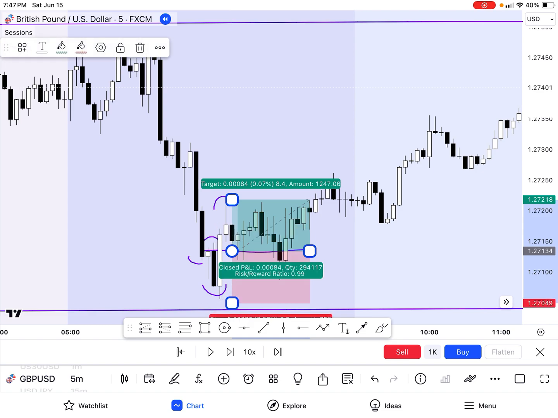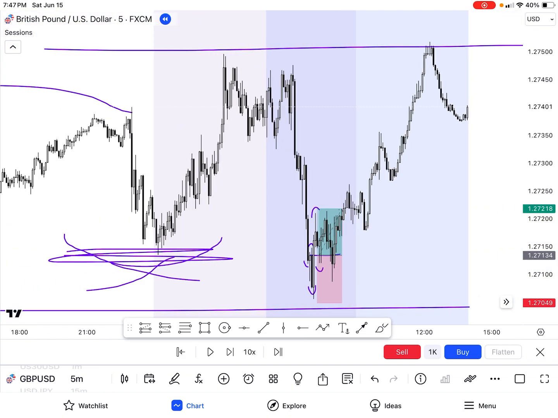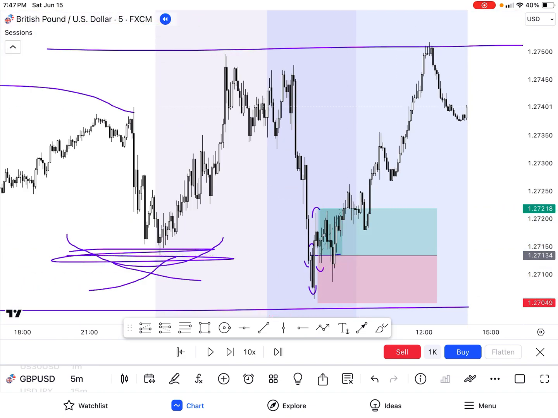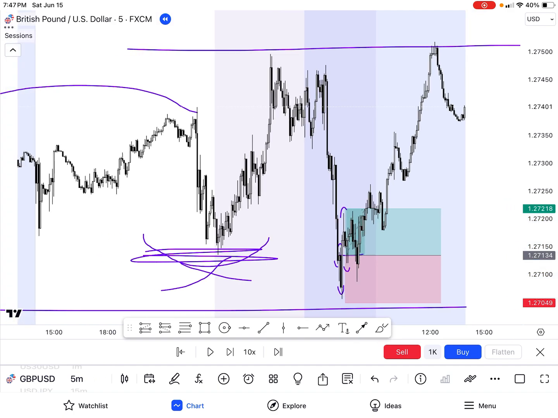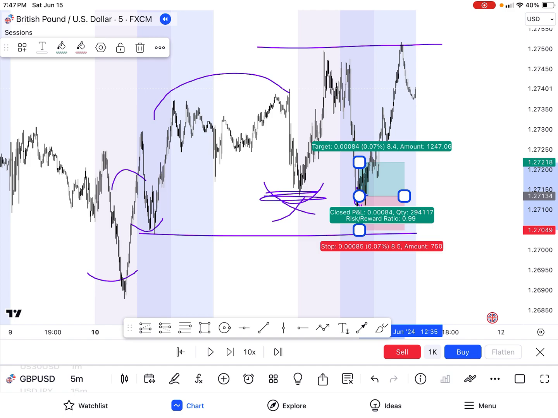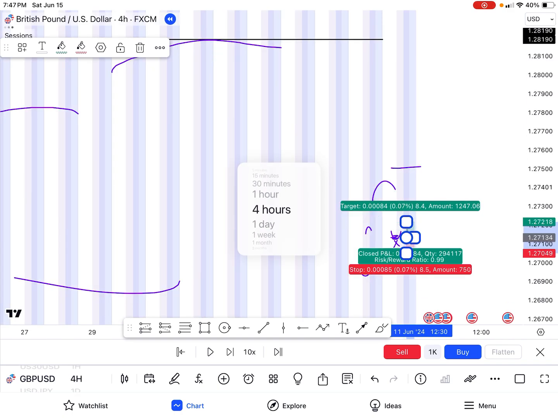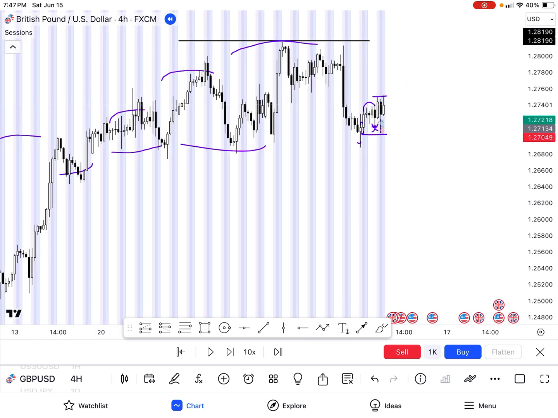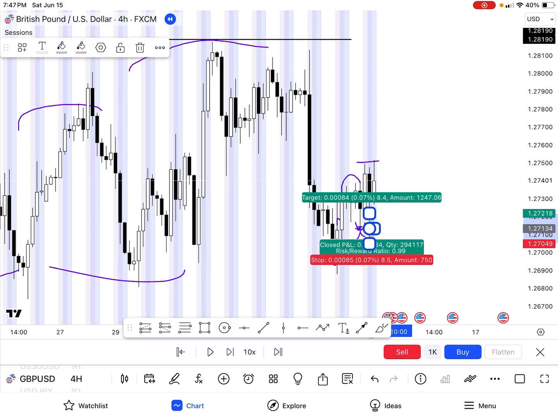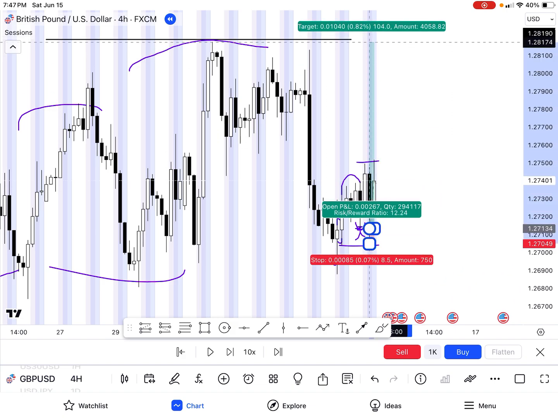This is my textbook setup. That's how I saw it. I'm gonna take that, put my stop loss below that low. I liked the risk. It wasn't too much. I personally didn't mind taking that chance, right? Perfect setup. Daily was aligning, 4 hour was aligning, 1 hour was aligning, 15 and 5 minute was aligning, all the way up to here.